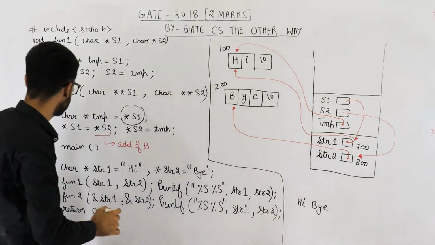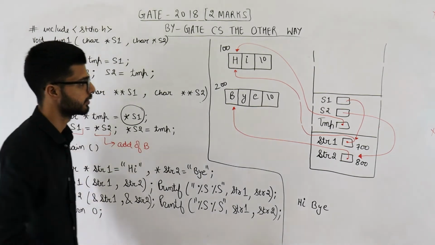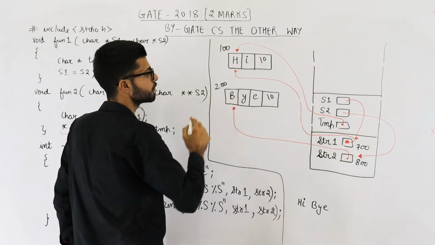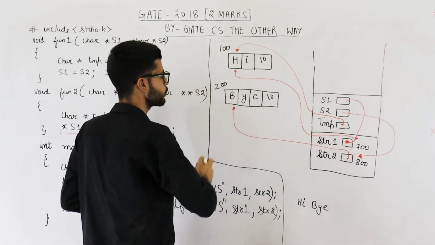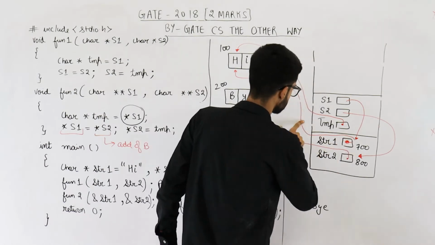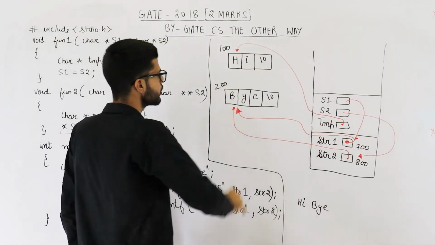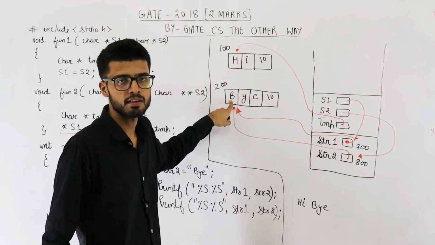Okay. So at that value, you have to save address of B. That means here you are trying to save address of this B. Okay. So this will now be updated and it will start pointing to this B. Okay, so str1 will now start pointing to this character B.